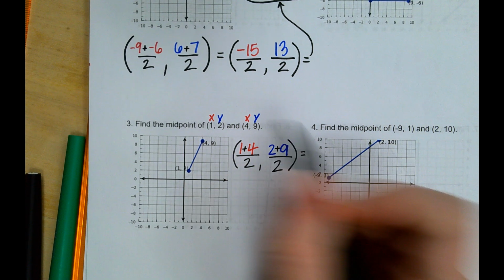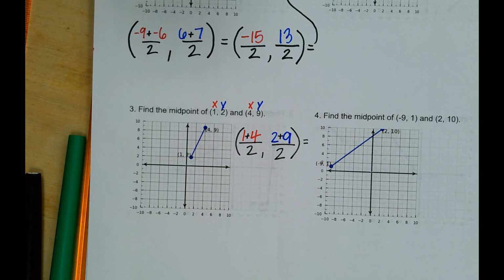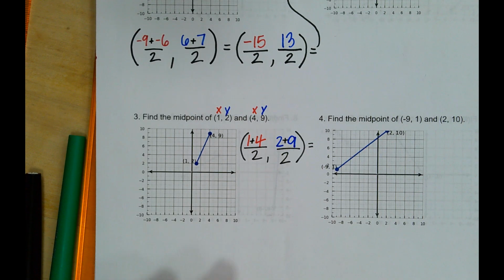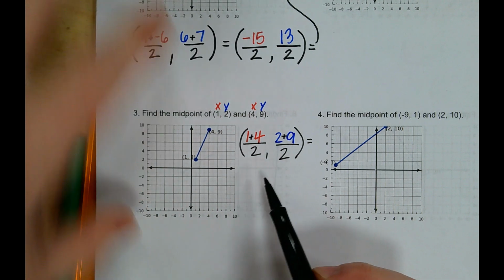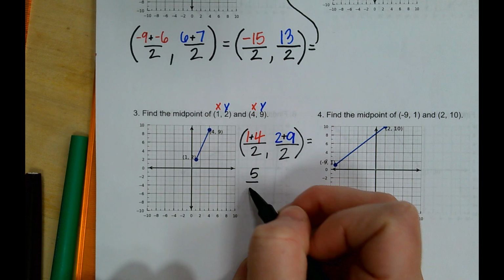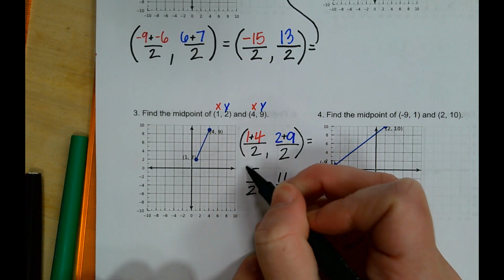Awesome. So you just took those X's and put them in and took the Y's and put them in. Okay. So what did you do next? Solve that, which was 5 over 2 and 11 over 2.